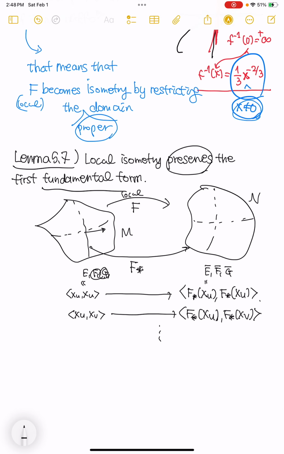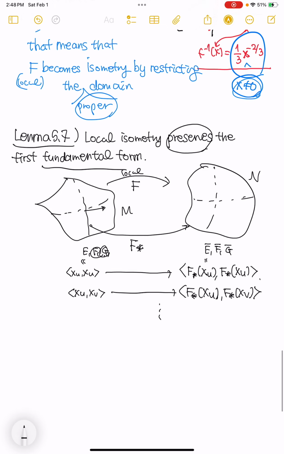Information of the first fundamental form is preserved by local isometry.